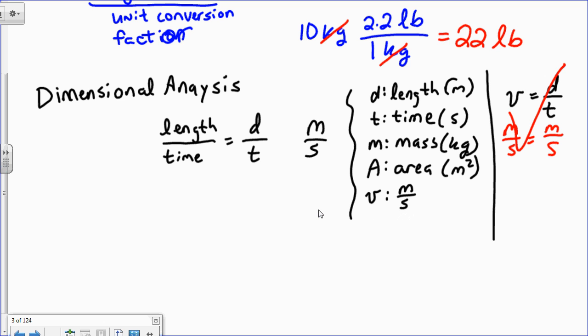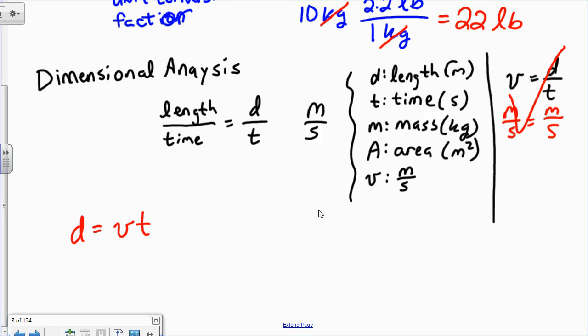So I could have another equation. Let's say D equals V times T. Is that one dimensionally correct? You want to write out the units for each. D is in meters, V is in meters per second, and T is in seconds.